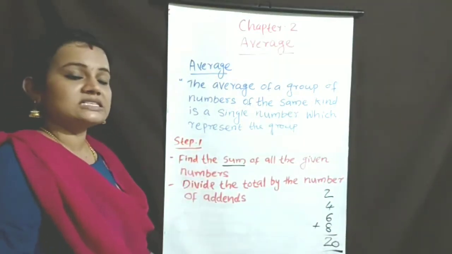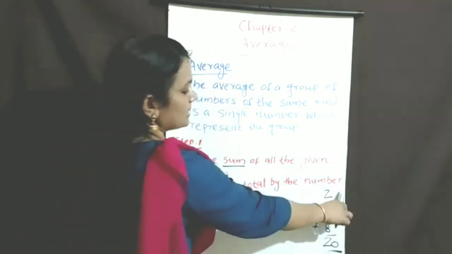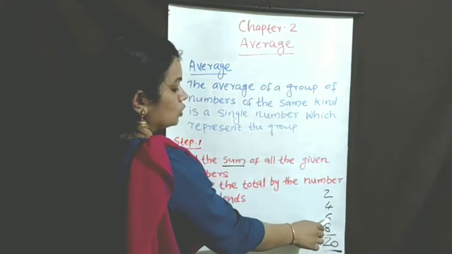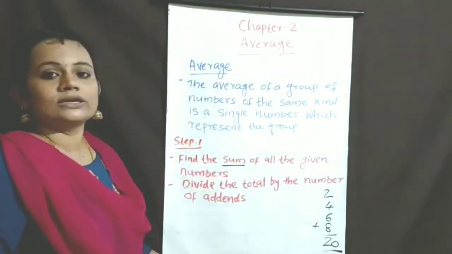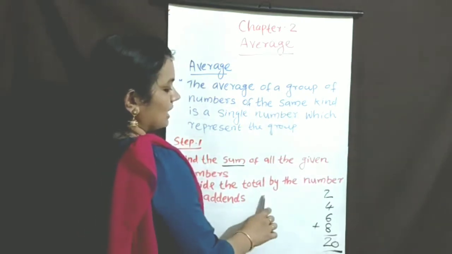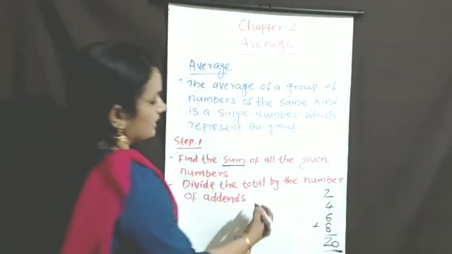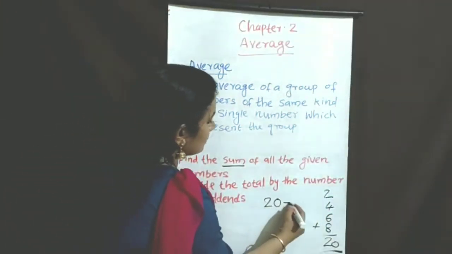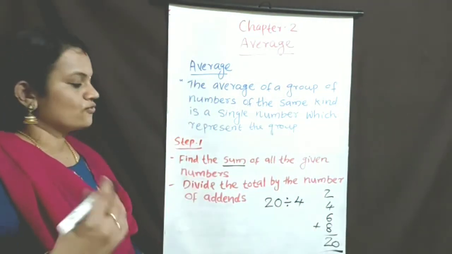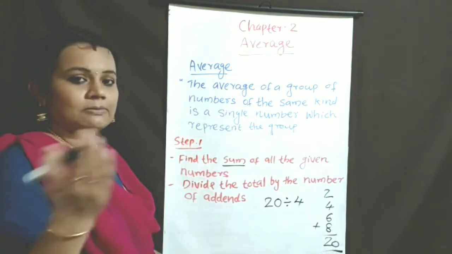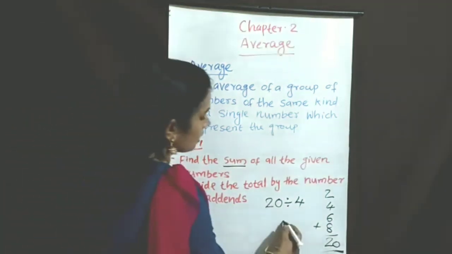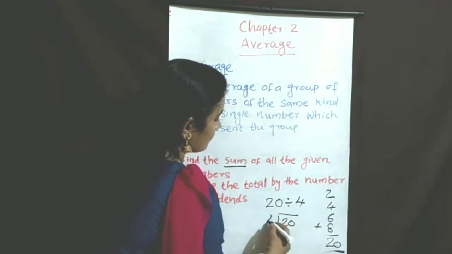Understood? The number of addends means how many numbers are given. You count how many numbers are given: 1, 2, 3, 4. 4 numbers are given. So you divide the total by the number of addends. We can write 20 divided by 4. Do you know the multiplication table of 4?